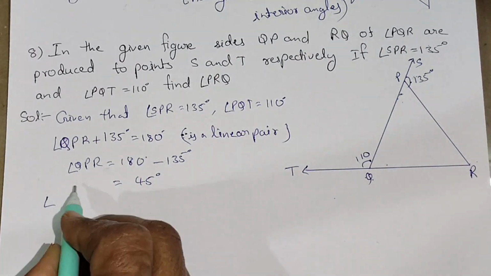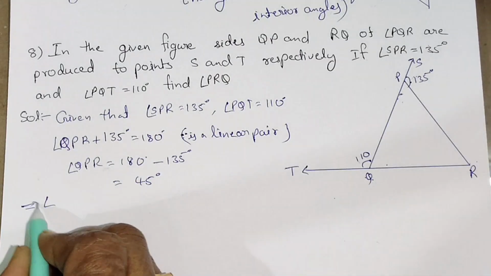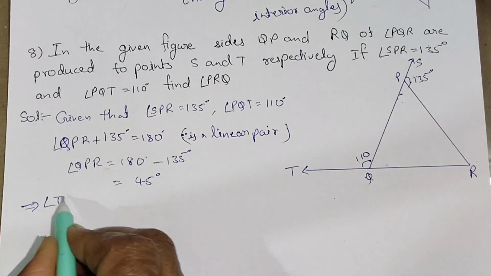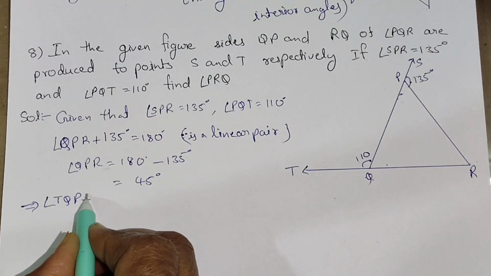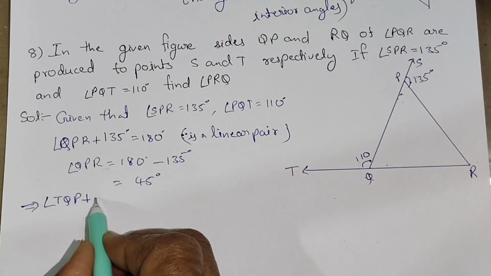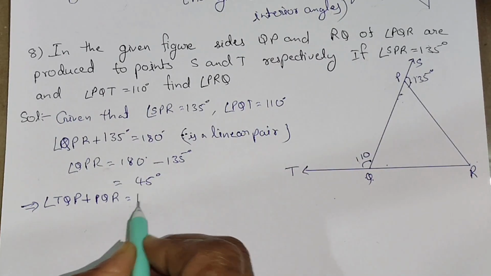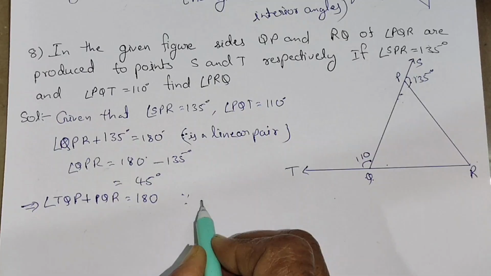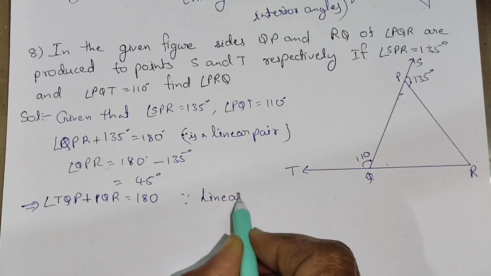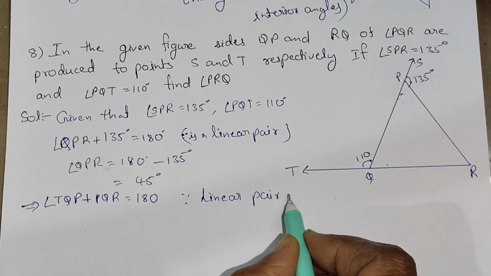So angle TQP plus angle PQR is equal to 180, a linear pair of angles.